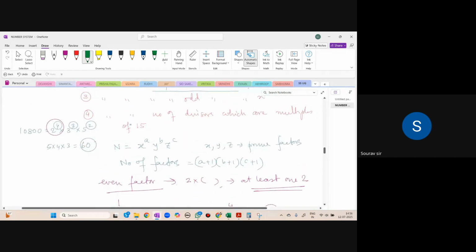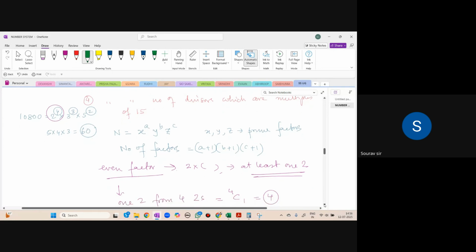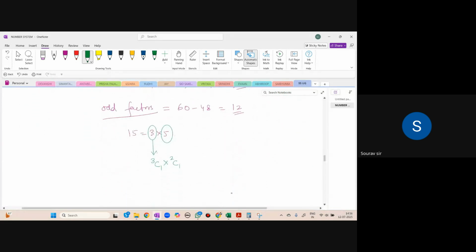The number of factors from 2 to the power 4 will be 4 plus 1. So 5 into 3C1 into 2C1, which is 5 into 3 into 2, which is 30.